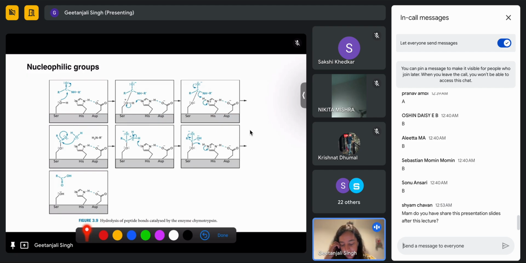A part of it is actually acid base catalyzed as well, but the main reaction happening here is nucleophilic. The carbonyl carbon gets attacked, and the OH from serine attacks it, and how everything works on. So yeah, that's how this works.